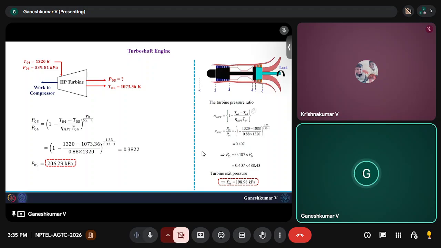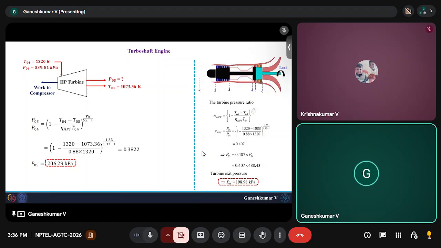Now there is a contradiction. We said that we need to extract more energy out of the HP turbine because the compressor requires higher power. So you will expect the pressure to be lower than 198.98 kilopascal. But what is true is the entire cycle is now operating at a higher pressure, because the HP compressor has reached very high pressure because of the 10.5 pressure ratio.